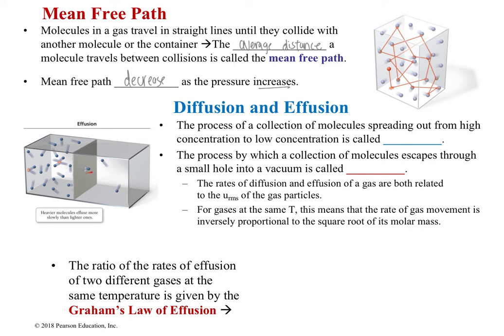Diffusion and effusion are very similar in their names. Their concepts are kind of similar. So diffusion is when a gas spreads from high concentration to low concentration. So for example, if I was to spray perfume, then the process of you being able to smell it across the room would be diffusion. So the gas going from a high concentration over to the other side of the room at low concentration. So that's into an open space.